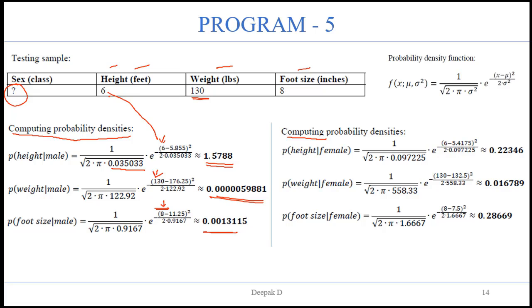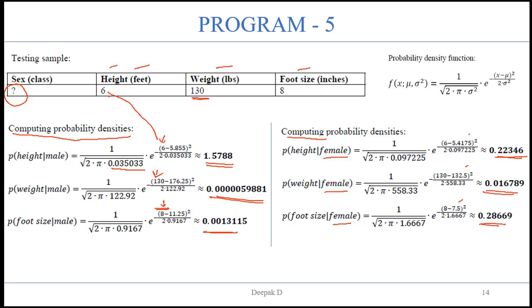Similarly, when we apply the same thing for female, here also you have received the values for female, that is you have identified the mean value of height given female, and also the mean value for weight given female, and also with respect to the foot size, and you apply those values in this formula and try to compute that. So you will receive this value.